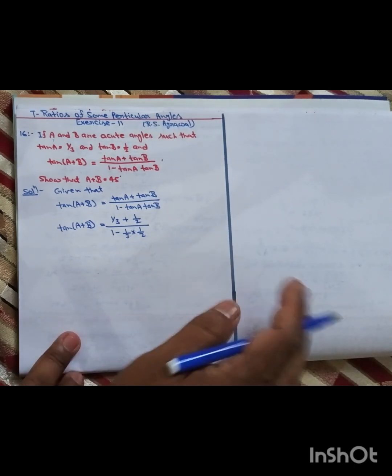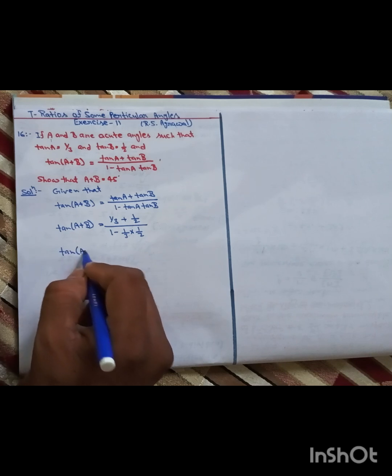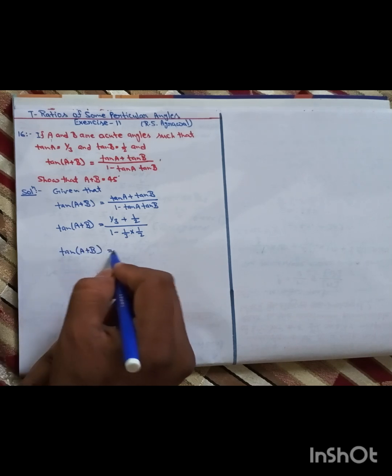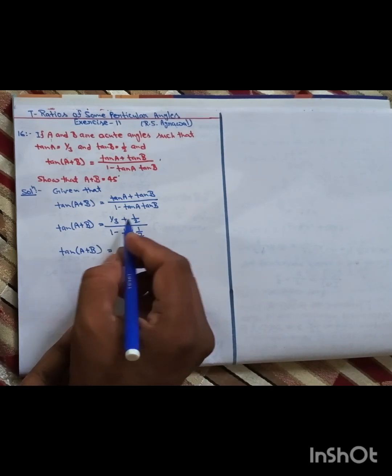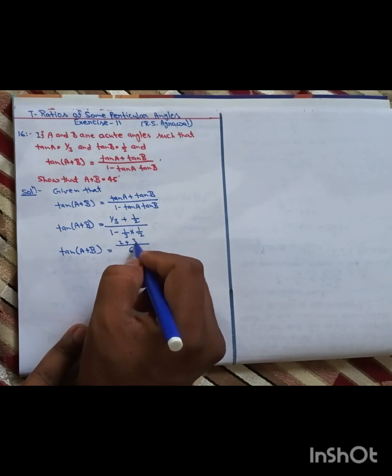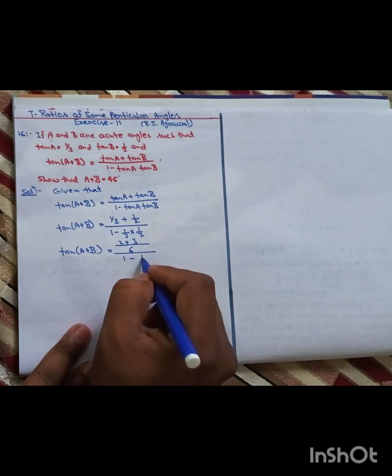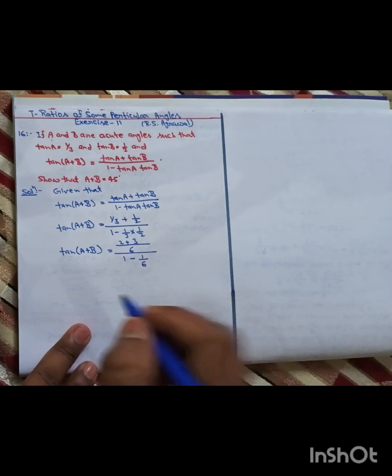Now by solving it, we get the LCM, which will be 6. So 2 plus 3 upon 1 minus 1 upon 6.